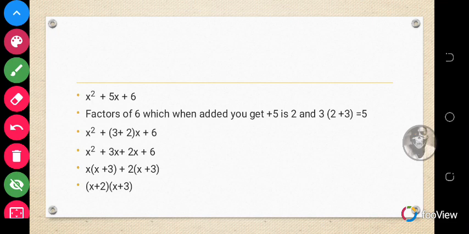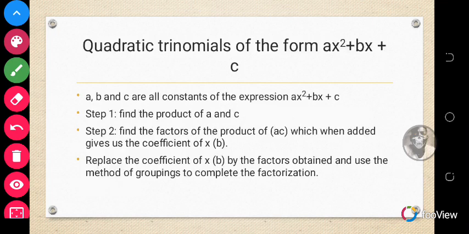So this is how to factorize the quadratic equation. Lastly, let's look at how to factorize a quadratic trinomial where there is a constant in front of the ax squared. So with this, it's also quite simple, but what you have to do is, in the first one, I said you would find the factors of c, but this time around there is a value here.